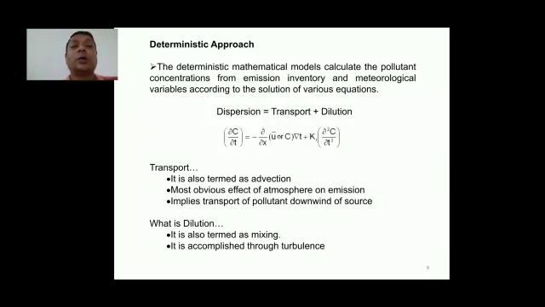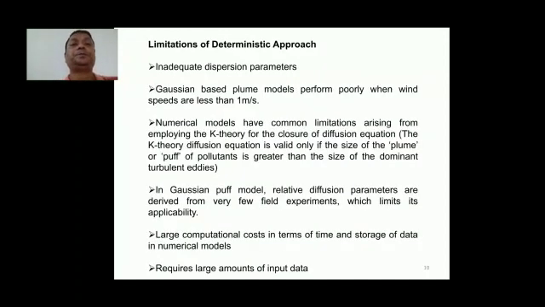What is transport? It is also termed advection, the most obvious effect of the atmosphere on the emission, and implies transport of pollutants downwind of the source. What is dilution? It is also termed mixing. It is accomplished through turbulence.